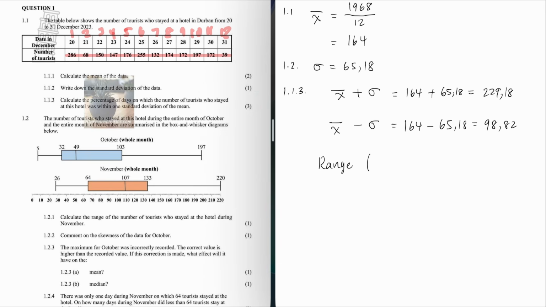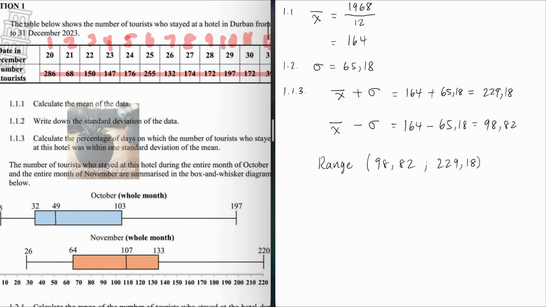So that's the range that we are going to be looking for: 98,82 semicolon 229,18. We're looking for the number of tourists that are within that range.